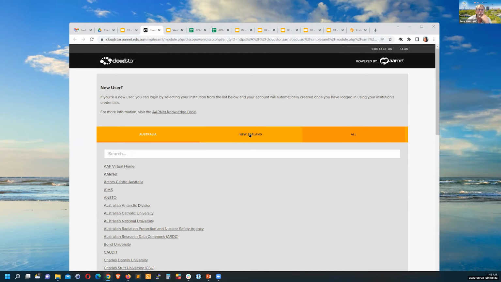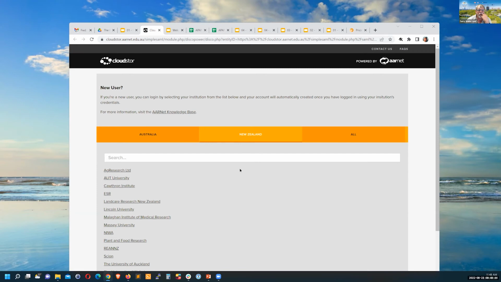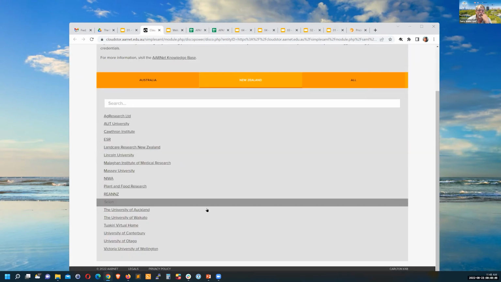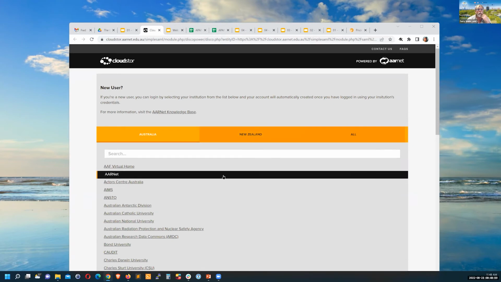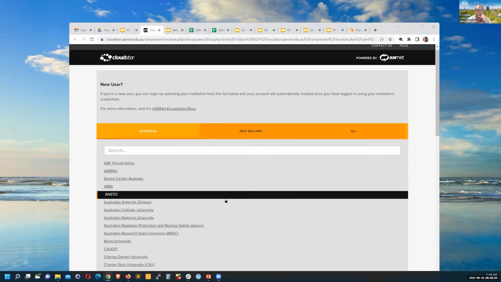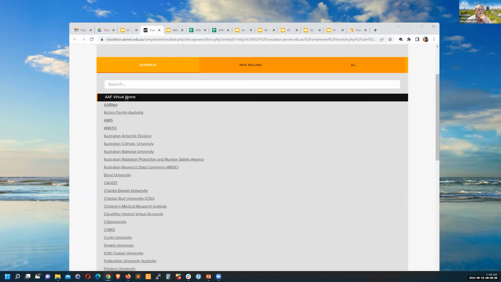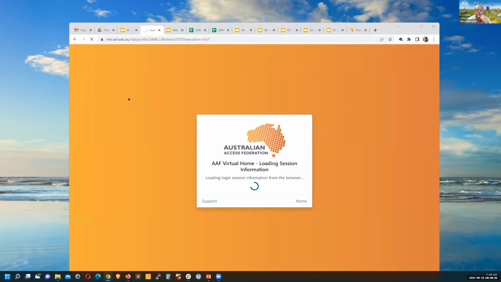Or if I was from New Zealand, I can click on the New Zealand link, and I will see all of the identity providers. So this service is provided by ARNet to Australian and New Zealand IDPs. My IDP is the Australian Access Federation Virtual Home. So I'll click on that.